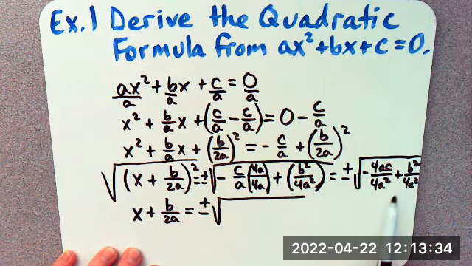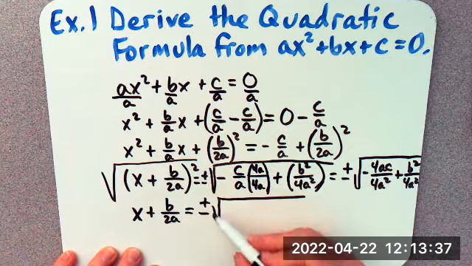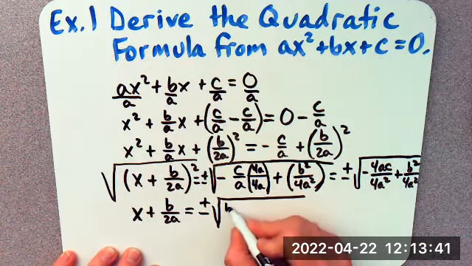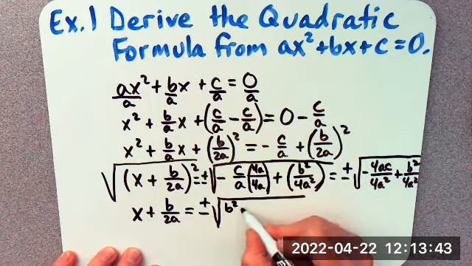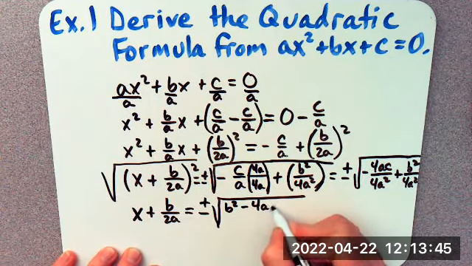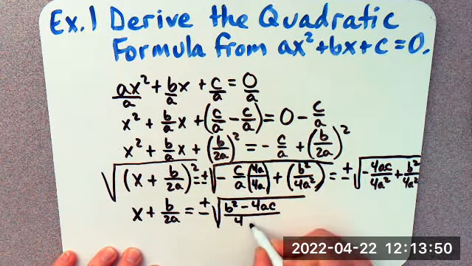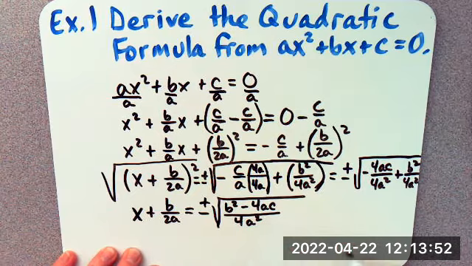So because these have the same denominator, we can now put them together. So let's put the b squared first. So b squared minus 4ac over 4a squared.